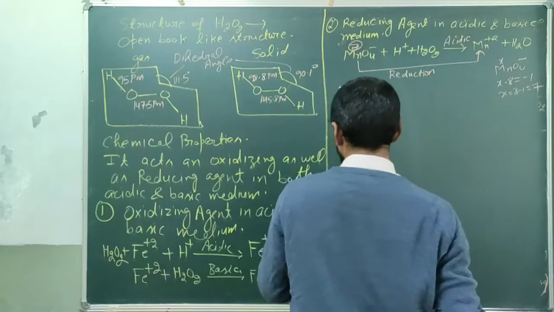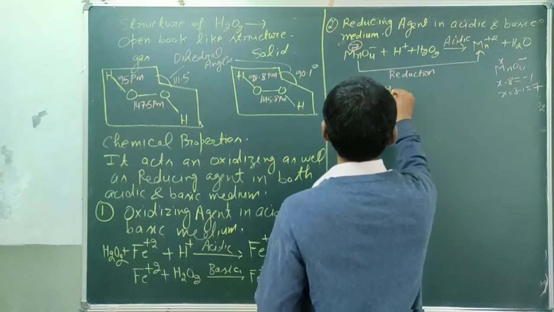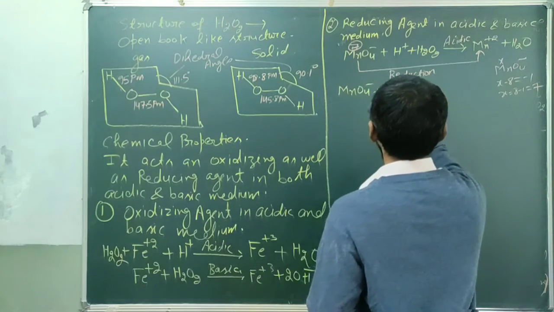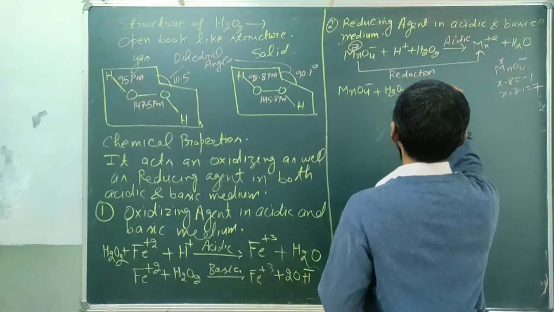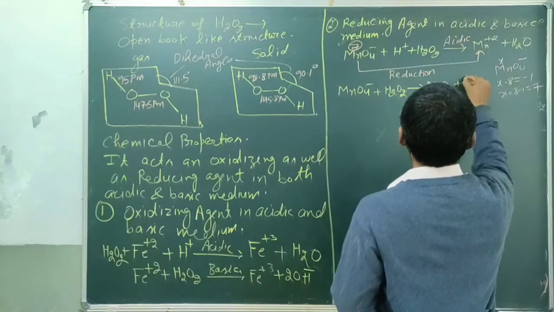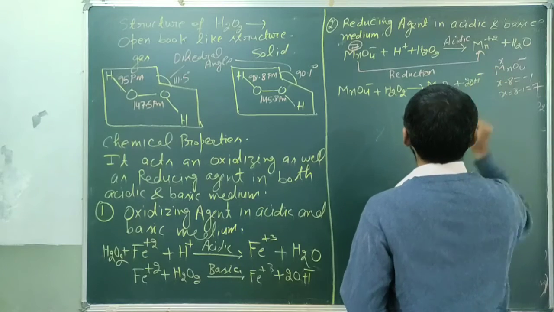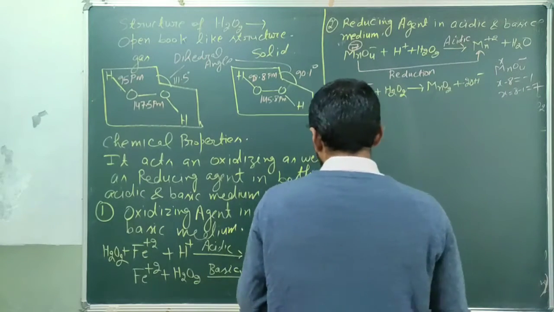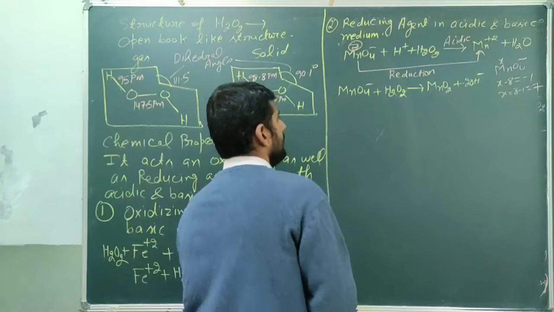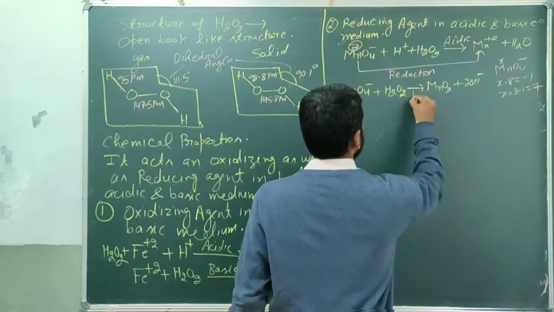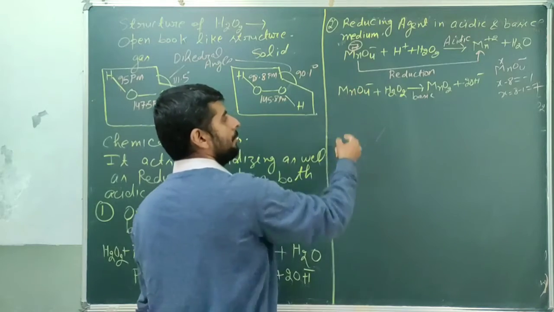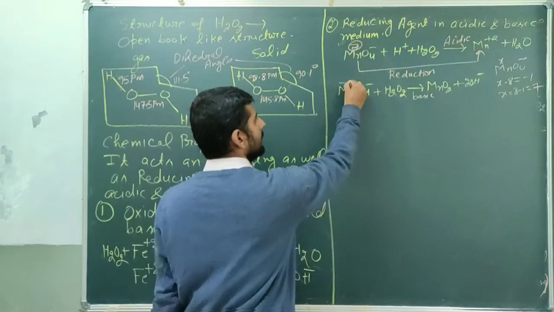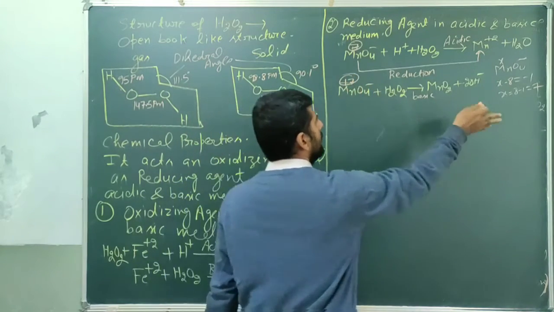Second one: MnO4- plus H2O2 in basic medium. When you take this in a basic medium, it is converted into MnO2 plus 2OH-. So here it is the basic medium. The oxidation state of Mn in MnO4- is plus 7, as I told you how to calculate.